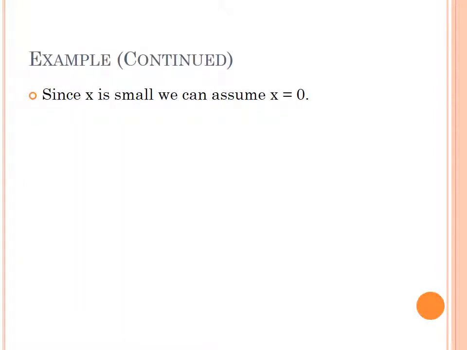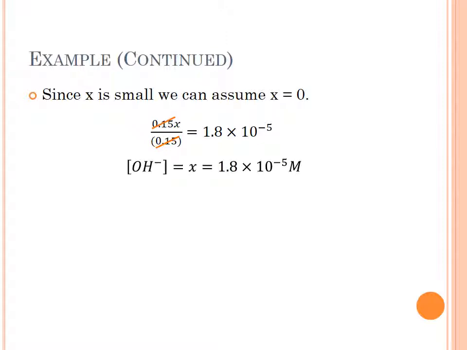So again, since x is small, we're going to assume negligible ionization of the weak base. We can get rid of the plus x's and minus x's, and you end up in the same exact spot as before: x times 0.15 divided by 0.15 equals 1.8 times 10 to the negative fifth. You could work out the algebra, but the 0.15's are going to cancel, and the hydroxide ion concentration is equal to 1.8 times 10 to the negative fifth molar.